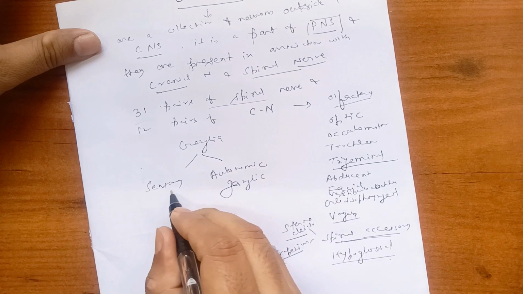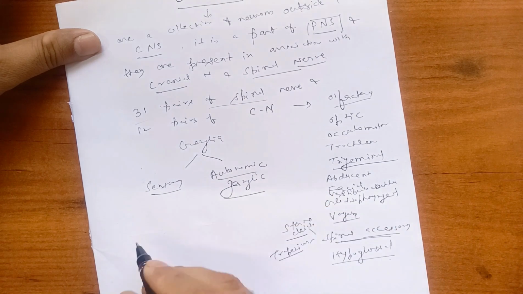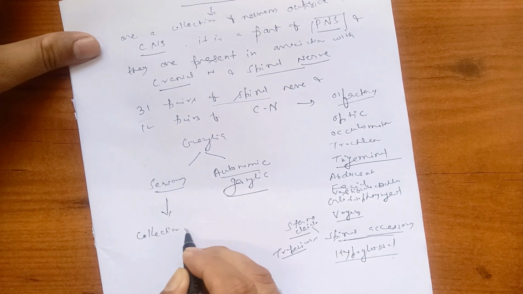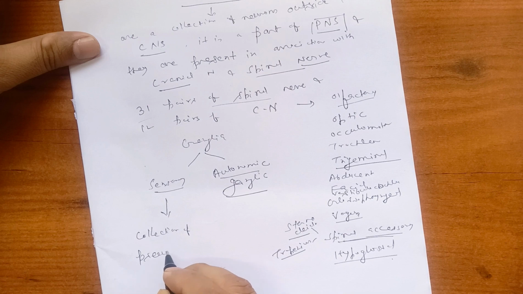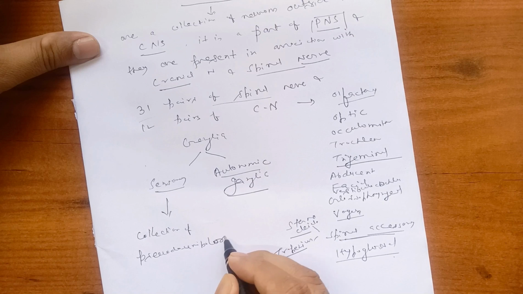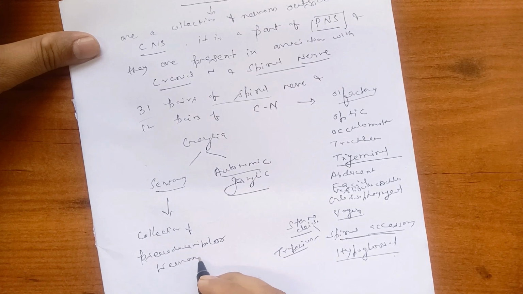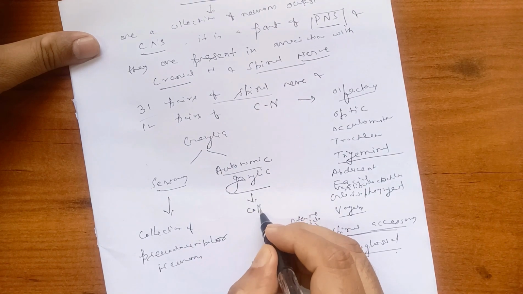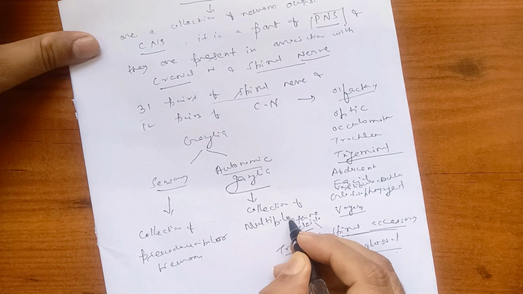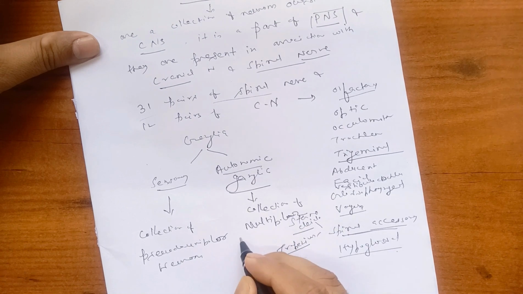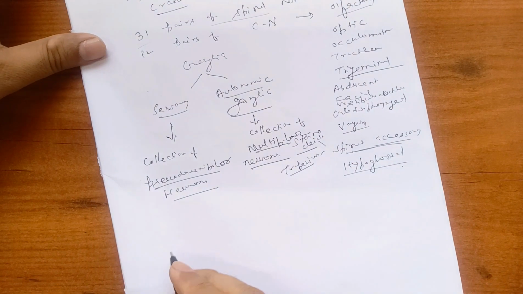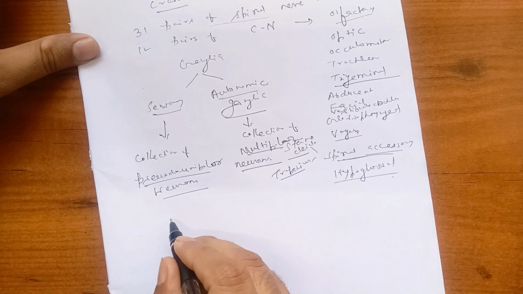The sensory ganglia are a collection of pseudo-unipolar neurons, whereas the autonomic ganglia are a collection of multipolar neurons.